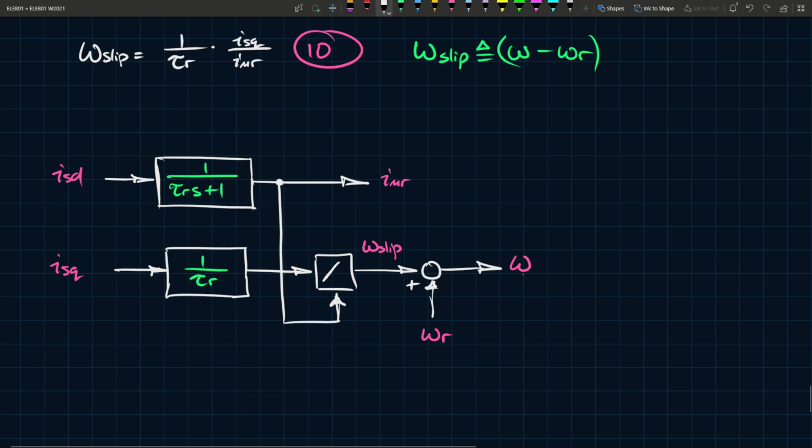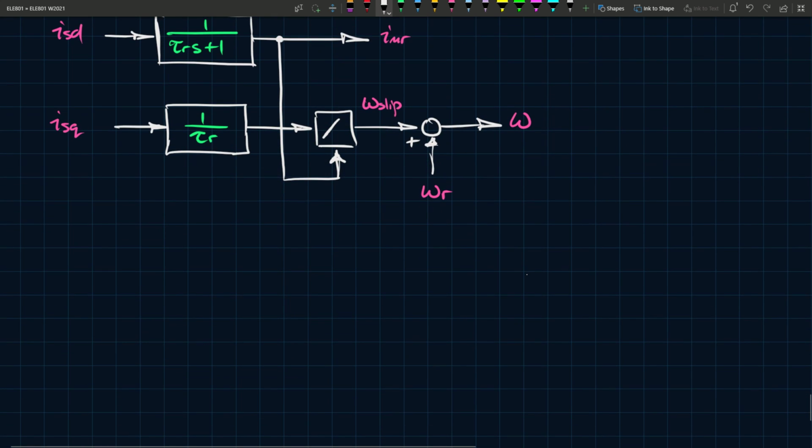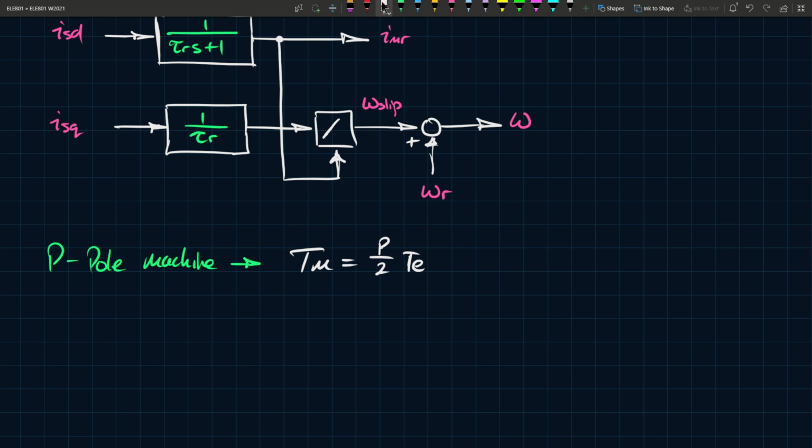Now, we looked at a two-pole machine, but in general, let's say we have a p-pole machine, where P is the number of poles. You have a couple of differences, and they're not very major. The mechanical, or developed, torque is equal to P over 2 times TE, the electrical torque.